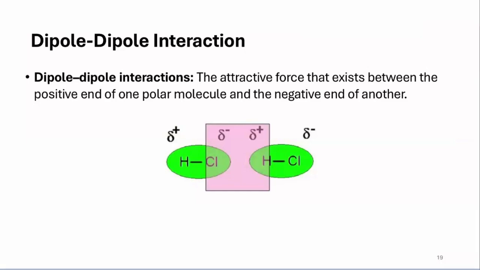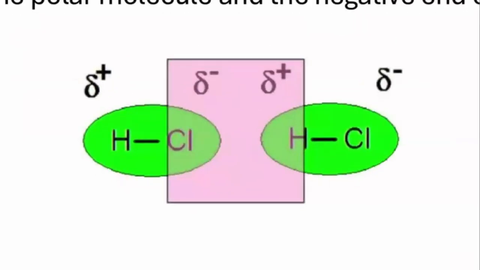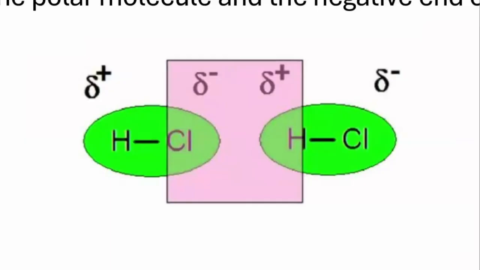So this is a polar molecule, and how we illustrate the dipole-dipole interaction, even though they're not included here, this pink area illustrates that this dipole-dipole interaction or attractive force comes from the interaction between the partial negative in one molecule to the partial positive in the next. So you can imagine dotted lines between the chlorine of one molecule to the hydrogen of the neighbor.